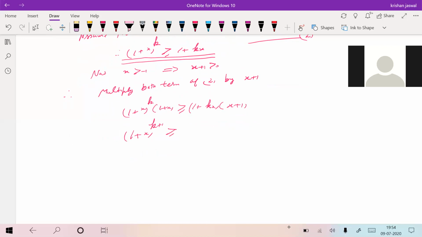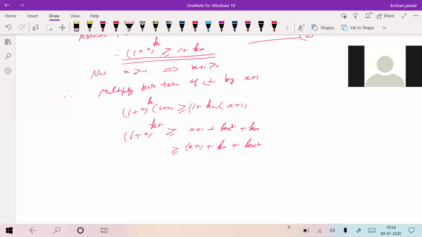Now solve this. x plus 1 multiplied by 1 gives x plus 1, plus kx square plus kx plus k, which is greater than or equal to x plus 1 plus kx plus kx square.